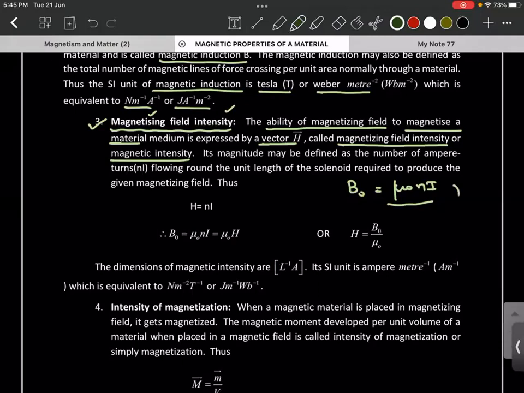So here in this case, it is for a solenoid. Okay. If you use some other material, then it will change accordingly.